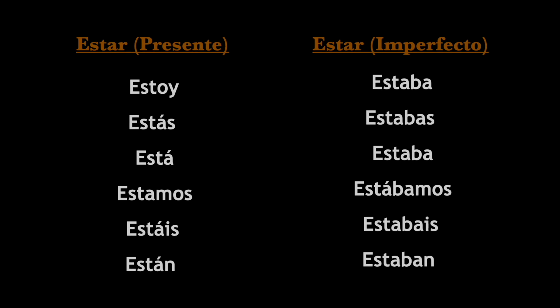In imperfecto, it is estaba, estabas, estaba, estábamos, estabais, estaban. So we are going to use one of these and we will use the gerund followed by estar to form the progressive tense. So let us see how to form the gerund in Spanish.